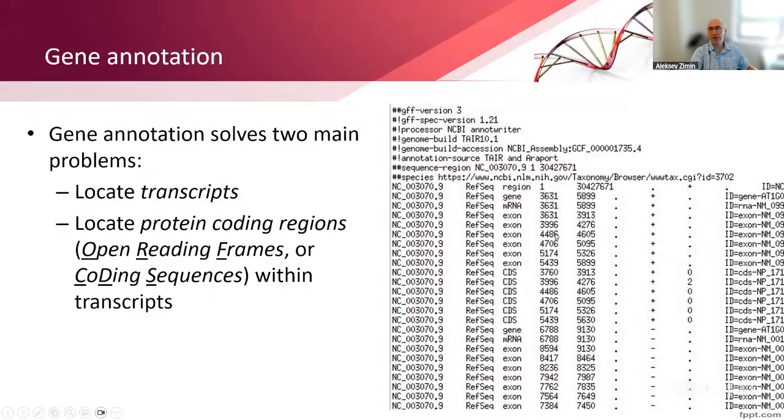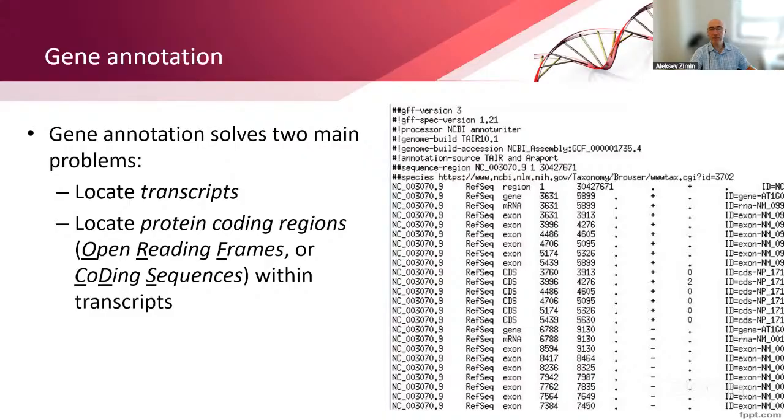The GFF file will give you the start and end of each exon. If it's a protein coding transcript, you also get sets of coding sequences where, if this is the positive direction, this is where the start codon starts, if it's a complete CDS that's annotated, and this is where the stop codon ends. Getting these coordinates is the problem that annotation software solves.